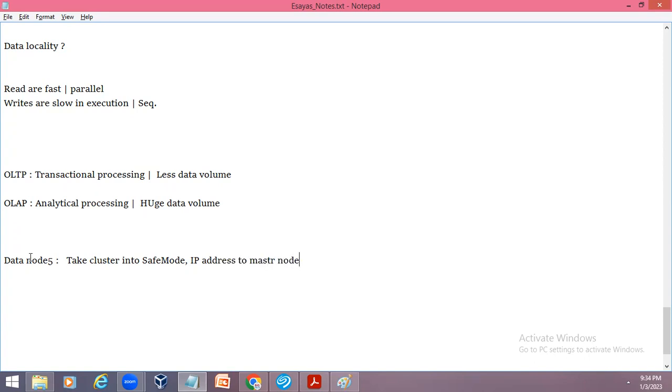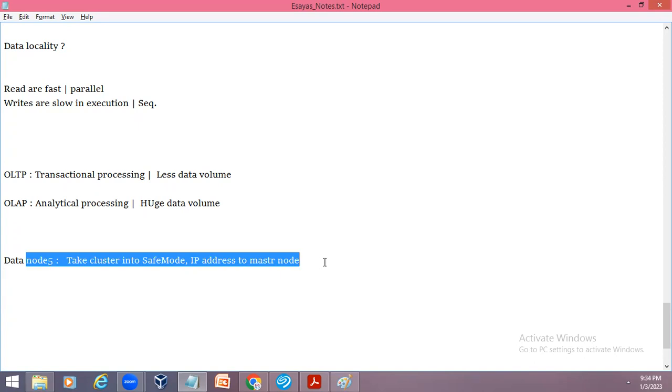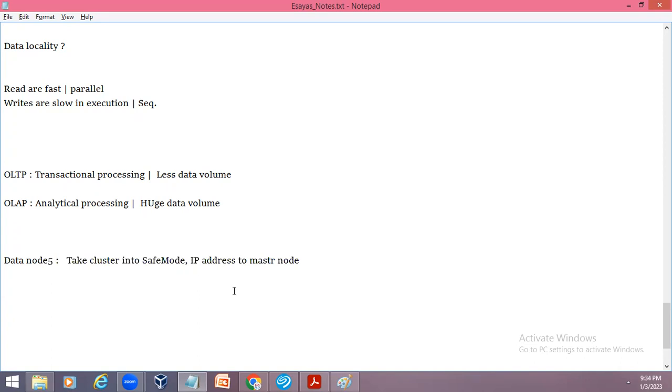And that's it. Then take the system back into active mode, and now you have scaled up your system. So that's the easy process in Hadoop whenever I want to scale up or scale down my cluster. Clear on this?